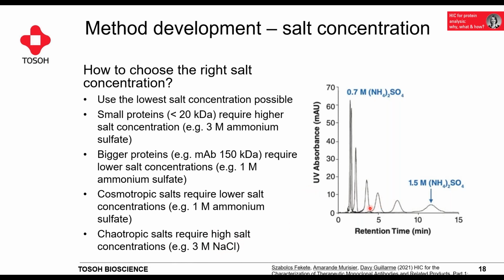Also, what we see here for a separation is that the higher the salt concentration gets, the later the elution of our molecule will be, though there is, of course, a critical concentration where our molecule doesn't bind at all, for instance here at 0.7 molar.